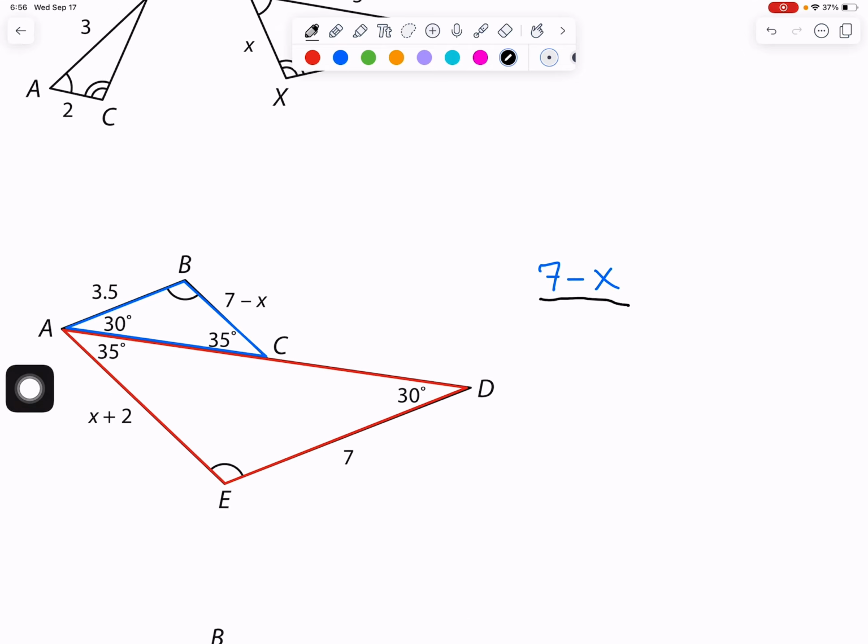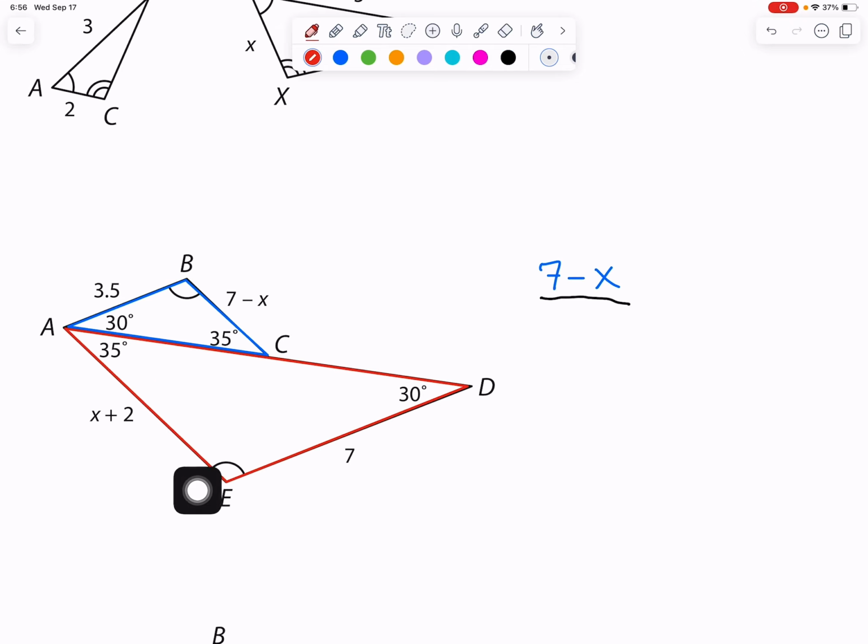So on the red triangle, I look for my 1 arch, which is E, and go to 35. What's in between there? I'm going to set that over x plus 2. And from here, we set it equal to the same thing with the blue information as my numerator, which is 3.5.